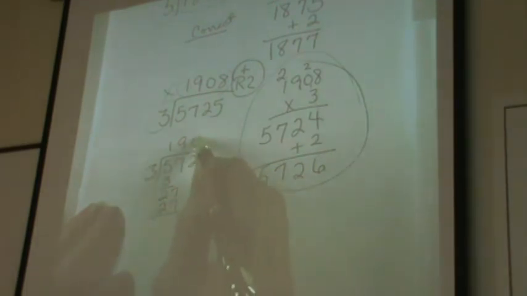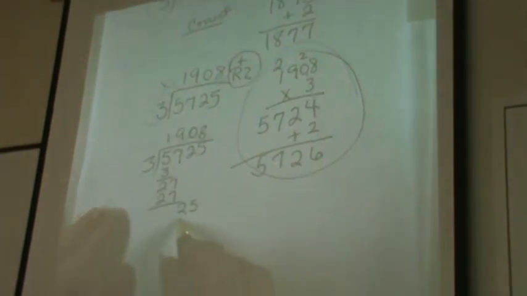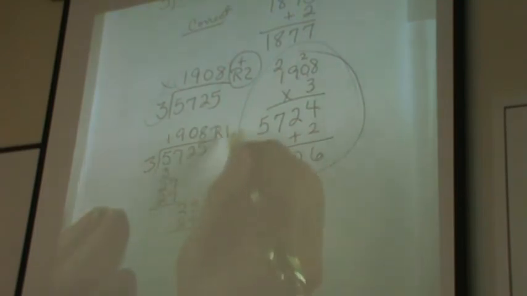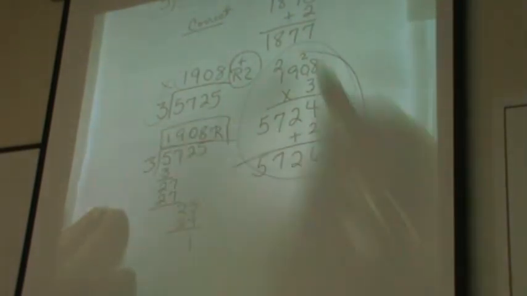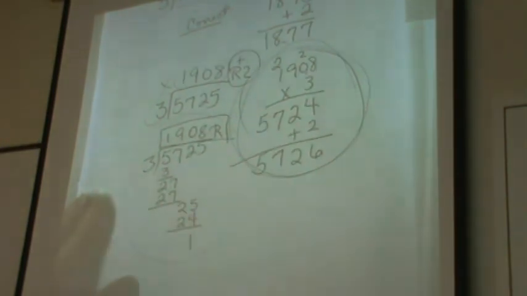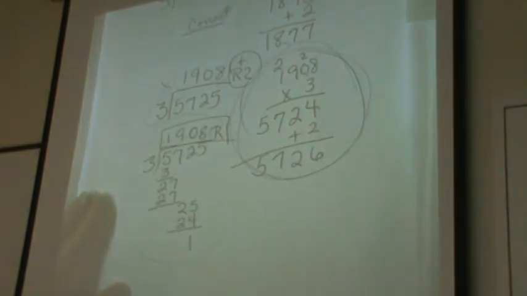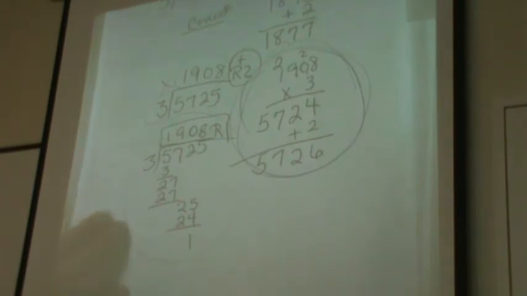It will not go into 2, so you bring the next one down. 3 into 25. 8 times 3 is 24, and then remainder 1. Okay? So you got to show this work and this work. Don't wait till Sunday night to start doing your work, because division takes a while, okay? These take twice as long.